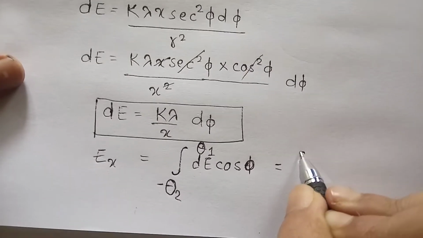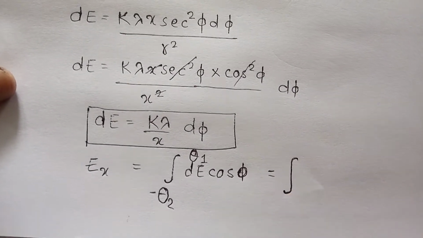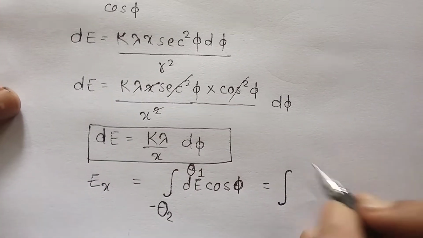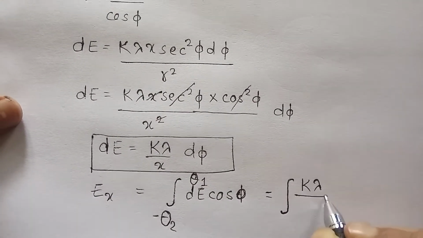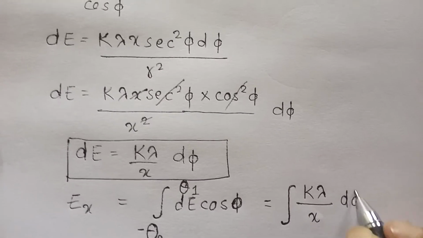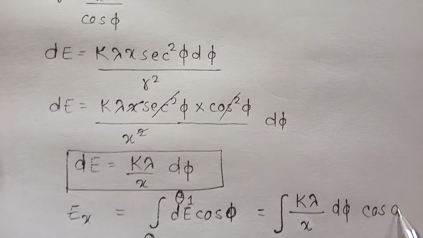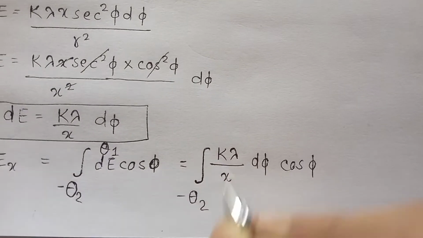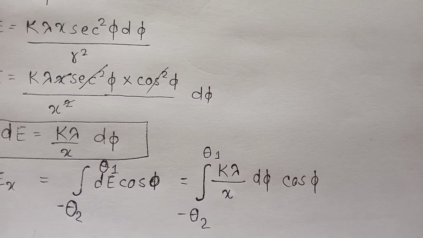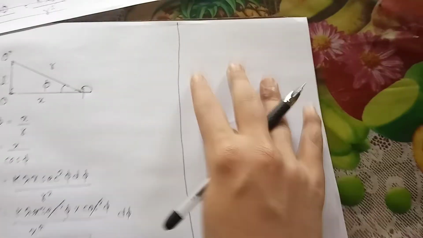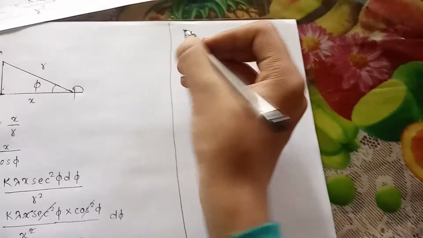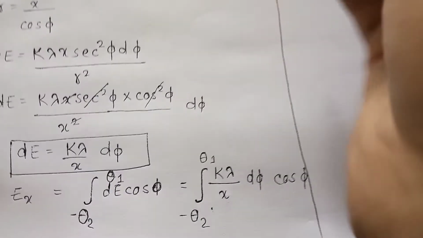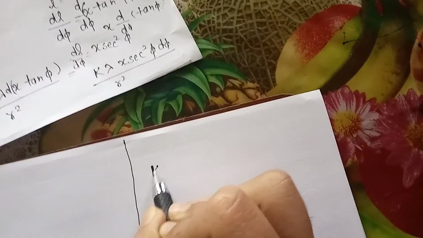Now we can write it down, we have the value of dE. Let's put it here: k lambda by x d phi cos phi, from minus theta 2 to theta 1. Let's solve it on this side. So k lambda by x is constant, so we can write it outside of the integration.